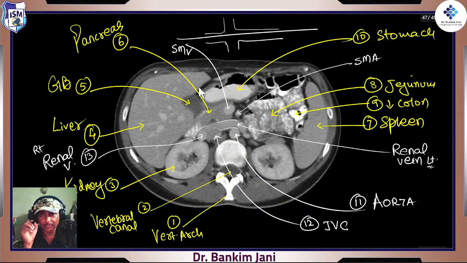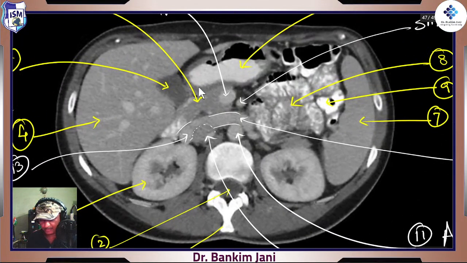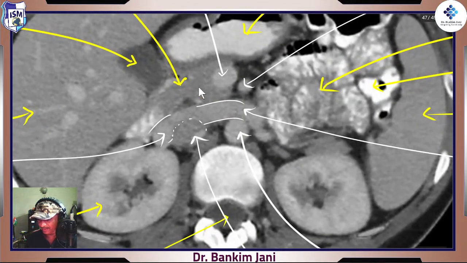There is one more structure, the inferior mesenteric vein, which is seen, but you need to be very clear. Can you really see this? This is the last structure. Superior mesenteric vein, no doubt about it. Superior mesenteric artery, seen excellently.